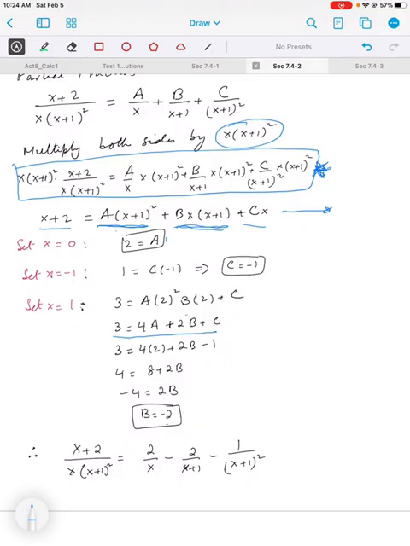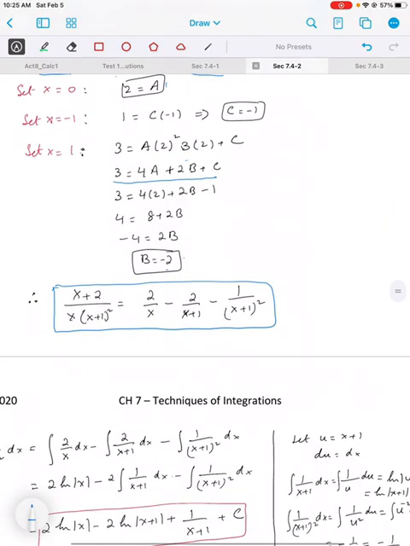Now that we have A, B, and C, we go back and plug in these values of the coefficients in those simpler fractions to get the partial fraction. So this is the partial fraction representation of our fraction, and now we can integrate this.